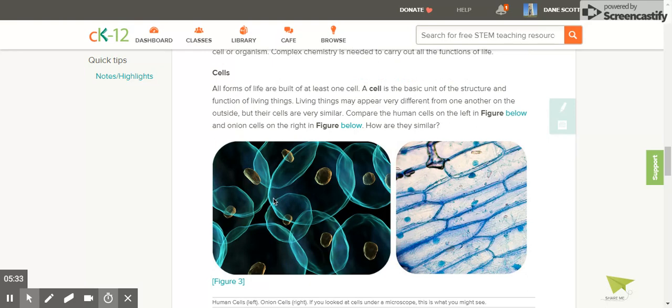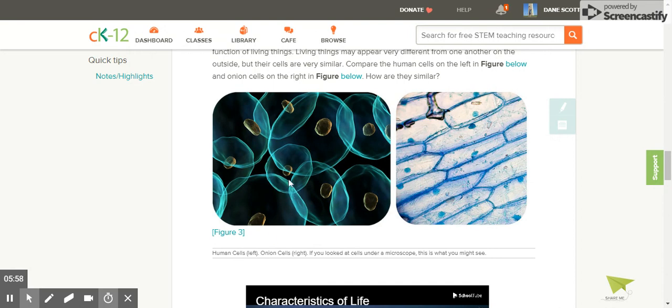Cells. All forms of life are built of at least one cell. A cell is the basic unit of structure and function of living things. You're going to hear that a lot this chapter. Living things may appear very different from one another on the outside, but their cells are very similar. Compare the human cells on the left in the figure below and onion cells on the right. How are they similar?